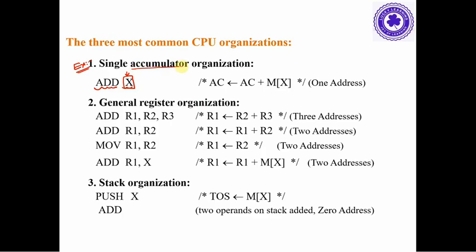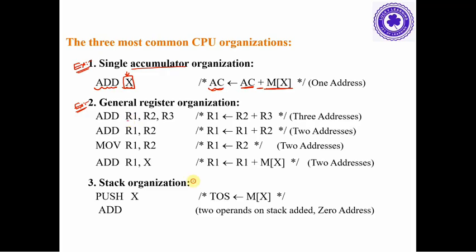It means the accumulator already holds some operand that is to be added with the value in the memory at location X. Both are added and the result is stored by default into the accumulator. When it comes to the general register organization, it requires two addresses or three addresses.